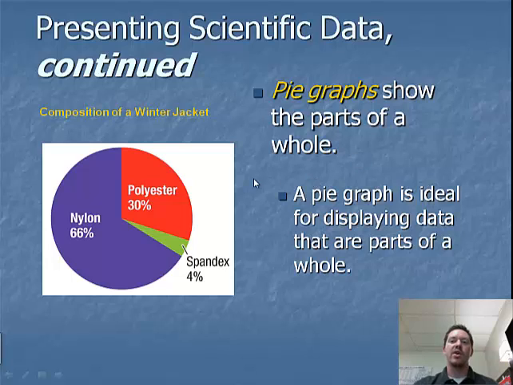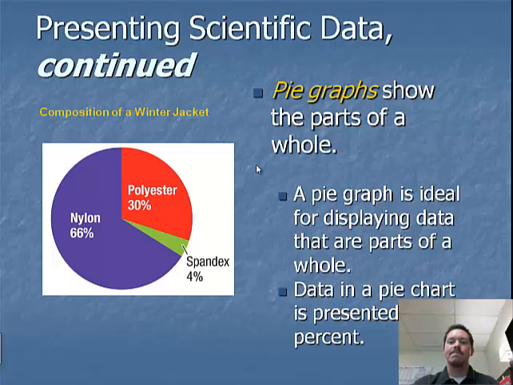If you know 100% of a particular sample, then you could put it into a pie graph so that you could show how the composition is broken down. And we most often show data in a pie graph as percent, like we've got here: 4%, 30%, 66%.